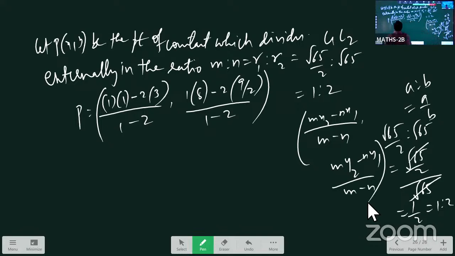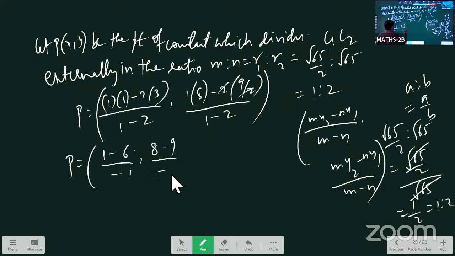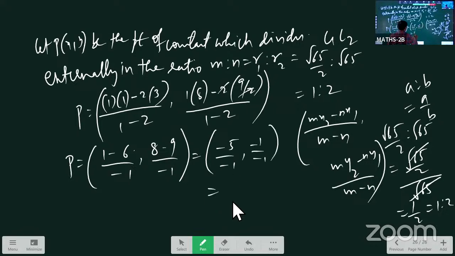Okay, now P is equal to (1 minus 6) by minus 1, and (8 minus 18) by minus 1, minus 5 by minus 1, which is nothing but 5 comma 1.